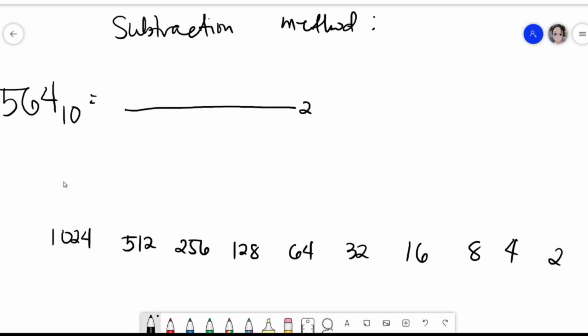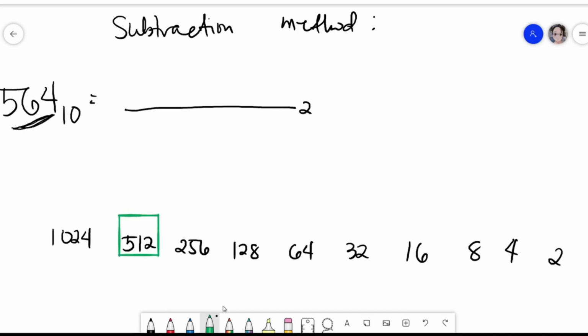Okay, so mangita tag number nga duol sa 564 nga di pud siya mulapaw sa 564. Okay, so the nearest number is 512 because di po ito pwede mo gamit sa 1024 kay lapaw naman siya sa 564.